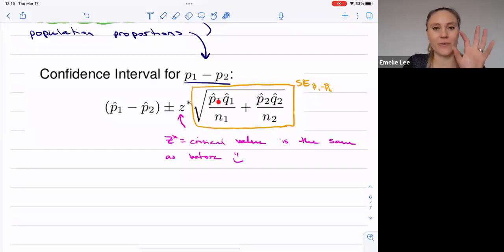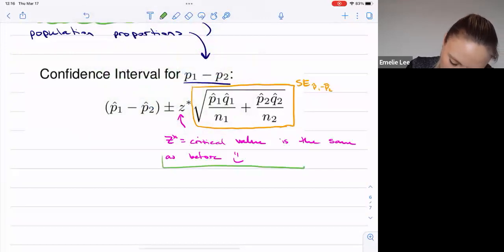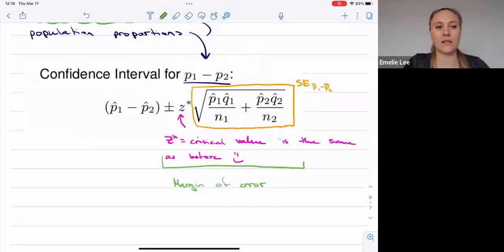I usually find one, put it to the side, storing it in my calculator so I keep all my decimal places, then calculate the other one, add them together, take the square root, and then multiply by the critical value. Overall, this is still called your margin of error. So the terminology stays the same, but how we calculate them is slightly different.